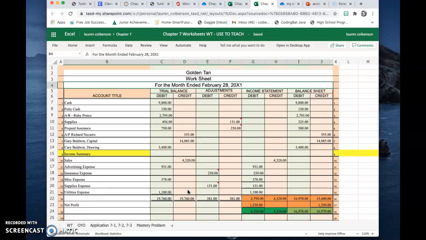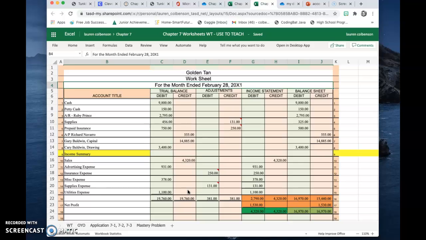Then you flip it again, and it'll show you how you record your income statement and balance sheet columns. And then the last sheet shows you how to do your totals, where you calculate your net income or your net loss.